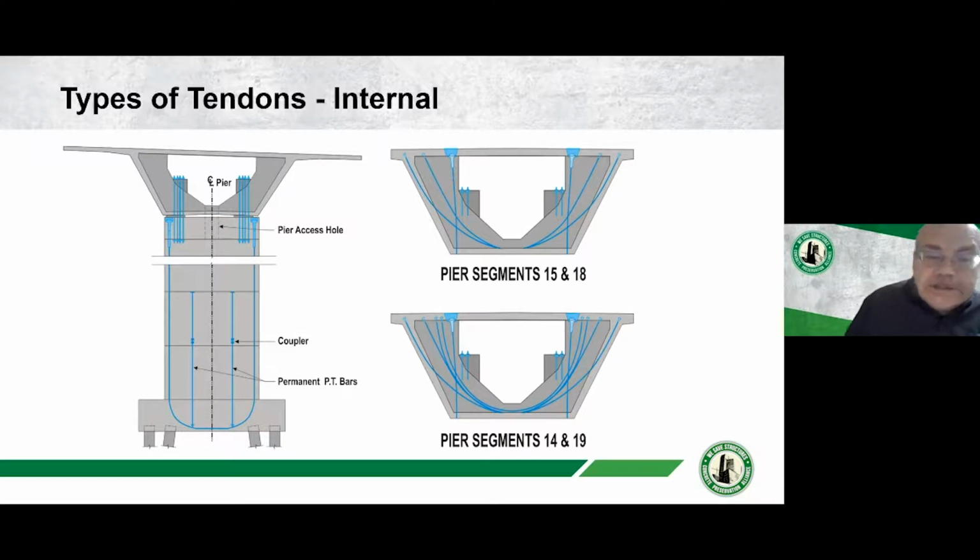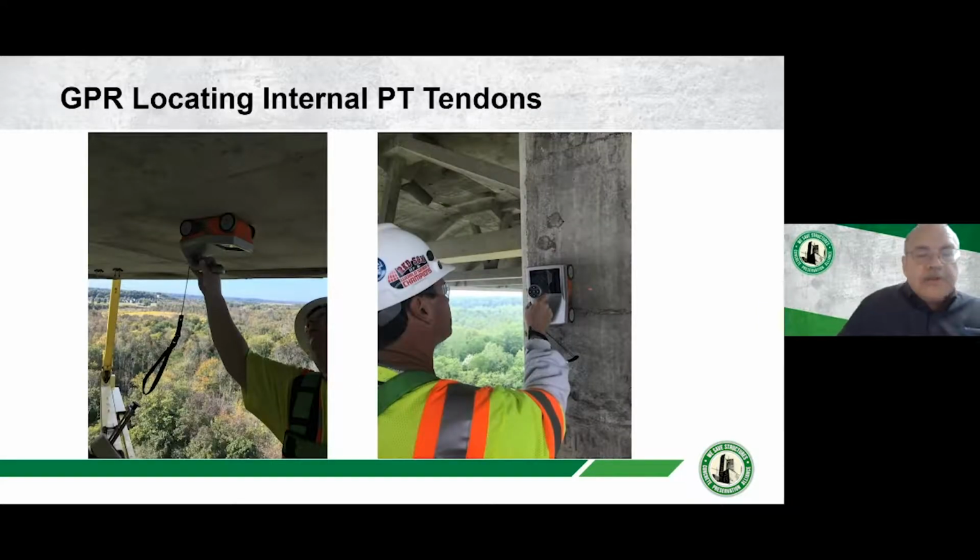So internal tendons are, well, now we have to locate the internal tendons. Here there's some vertical tied tendons on the piers or internal tendons on the wings of these segmental sections. Got to pull out the ground penetrating radar. There's our handheld mini. We need to locate where the rebar is.